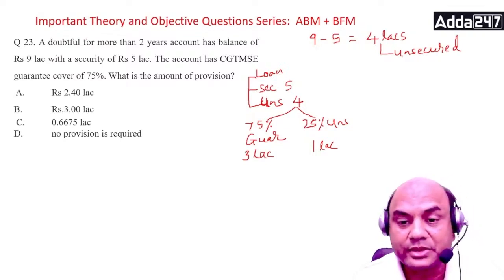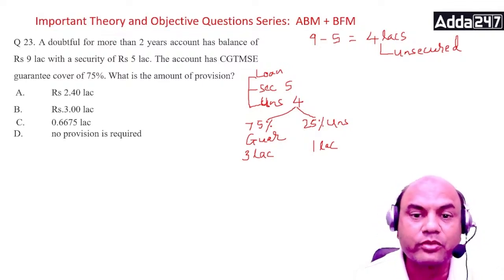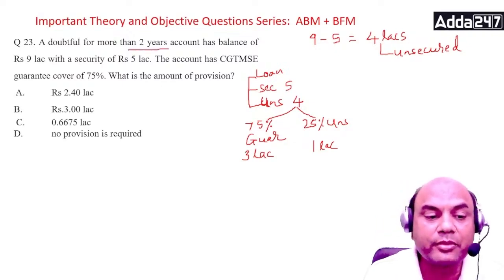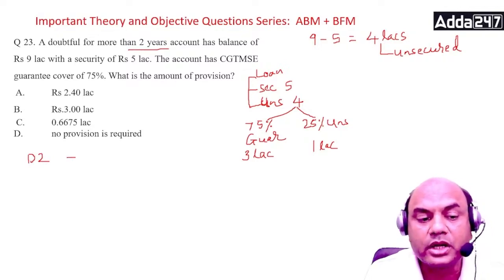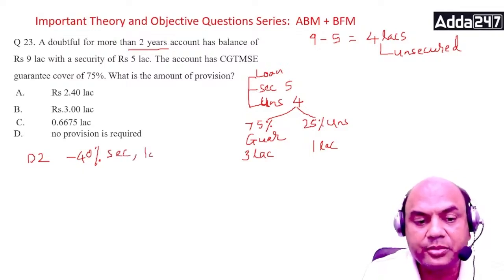The asset is doubtful for more than 2 years, so it will come in the D2 category. What is the provision for D2? 40% for secured, and 100% for unsecured.